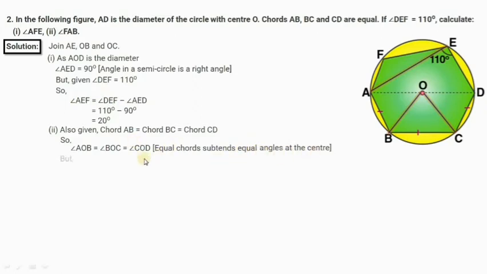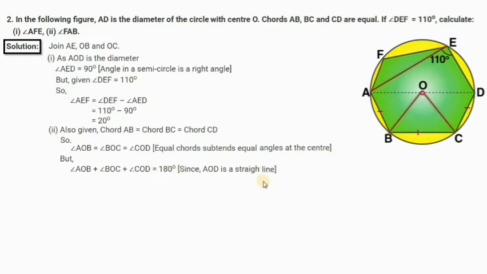All right, okay, so next thing is we know that if I add all these angles, I'll get a straight line, isn't it? So that's why it is written angle AOB plus BOC plus COD will give me 180 degree, because all of them form a straight line if they are added to each other.